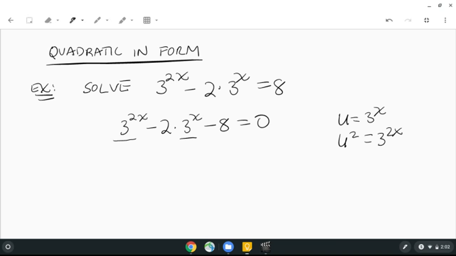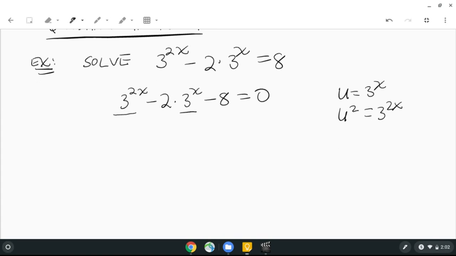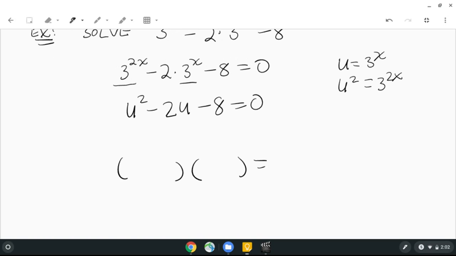If it's easier for you to do that, that's fine, and then you can back substitute. So you can rewrite this as u squared minus 2u minus 8 equals 0. It keeps it a little clean and less distracting with all of the symbols there. And then you can factor as usual.